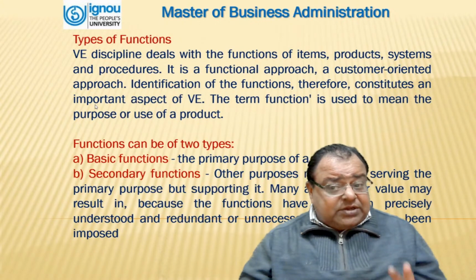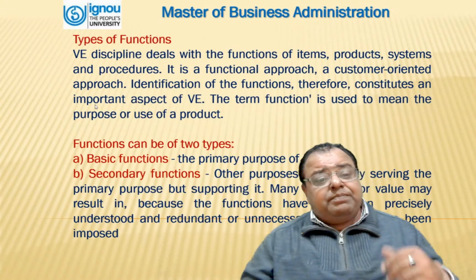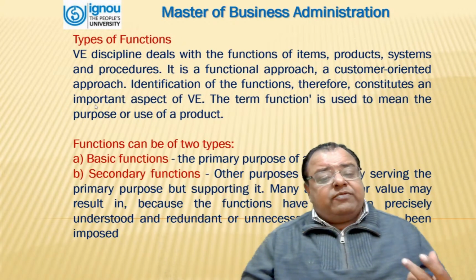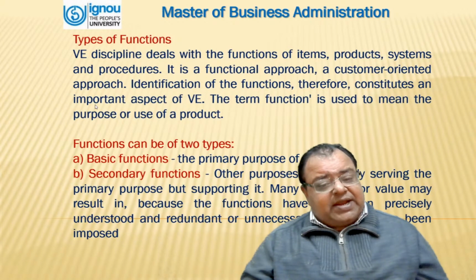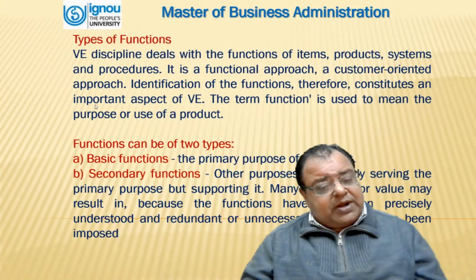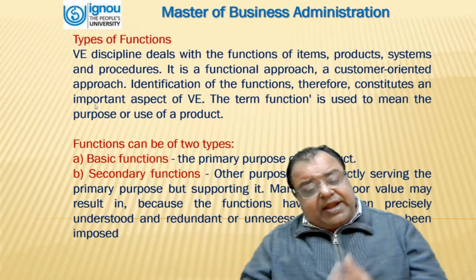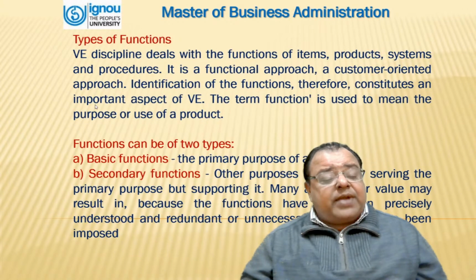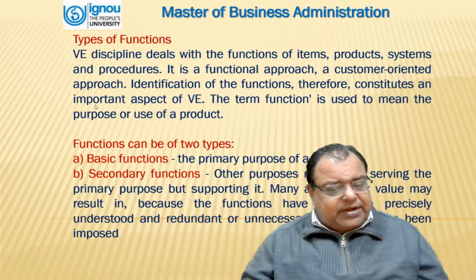The term function is to be used to mean the purpose or use of the product. Functions can be of two types, basic function or secondary function. If we talk about basic function, it is the primary purpose of the product. And moving on to secondary function, other purposes not directly serving the primary purpose first, but supporting it.